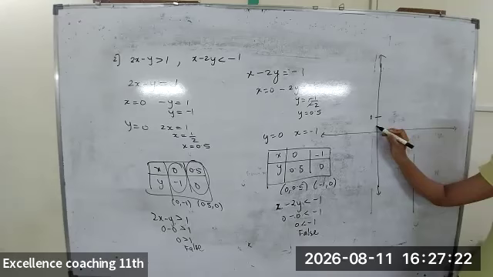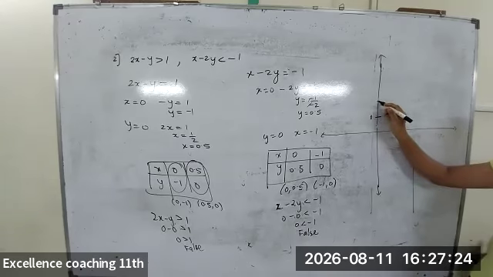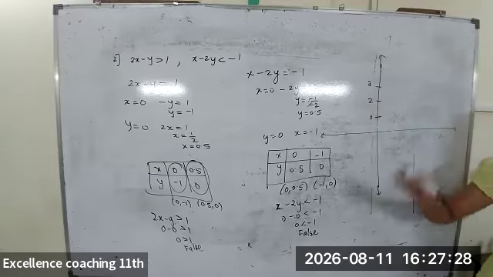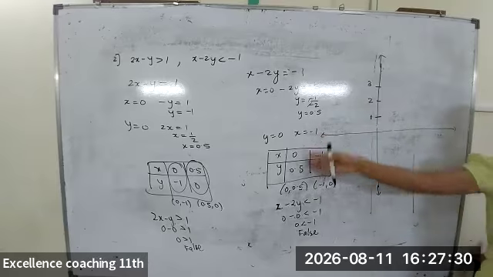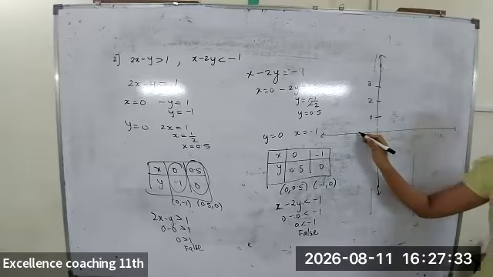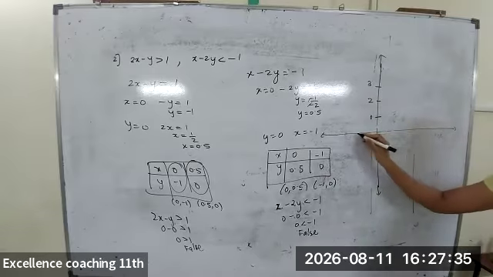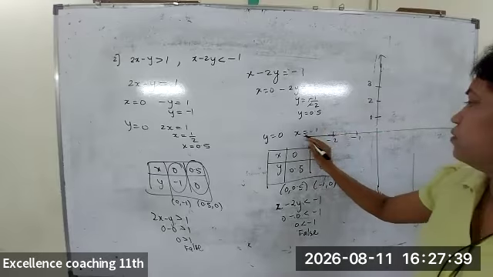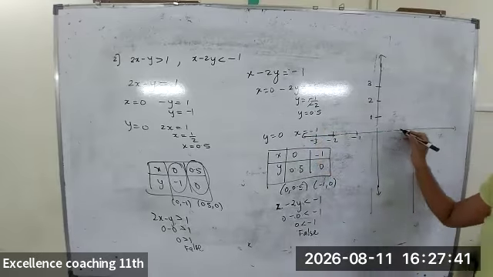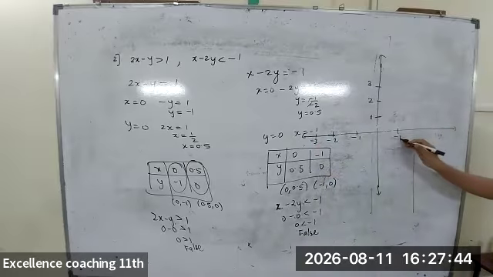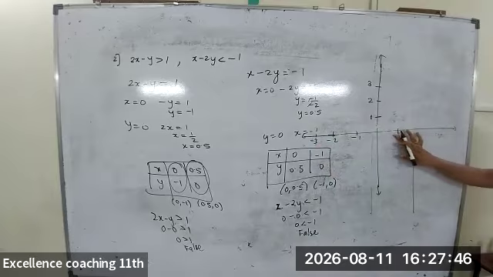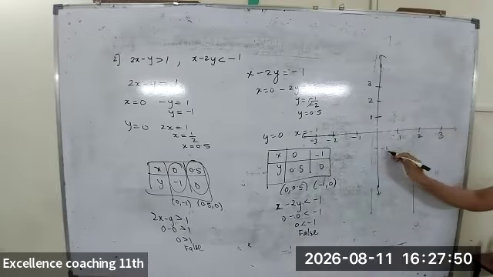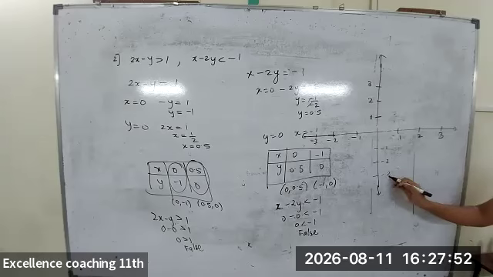So take a gap of 2 lines and take it as 1. Take a gap of 2 lines, make it as 2. Maximum we can make it till 3 because we will never go more than 3 anyways. This side also, take the same gap and mark it as -1. If you're already done, also no problem with those. It only becomes easier to plot when you take a bigger gap. Done.